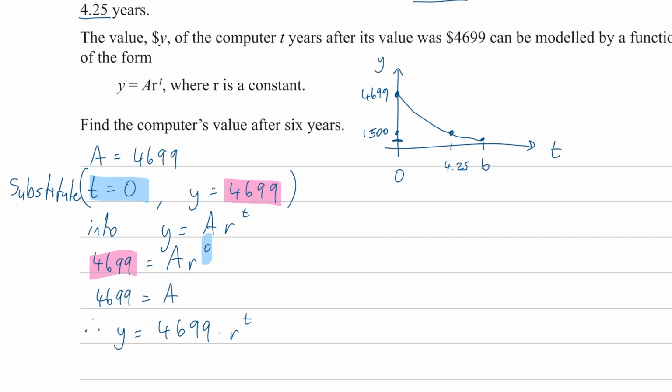Now let's jump back to the question again. We're looking for the value after 6 years. That's y after 6 years, where t is time, so we substitute in 6 years to get the value. But before that, we need a, which we got, but we also need r, the rate of depreciation. So let's work that out next.